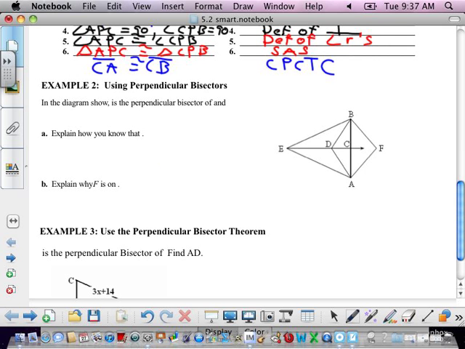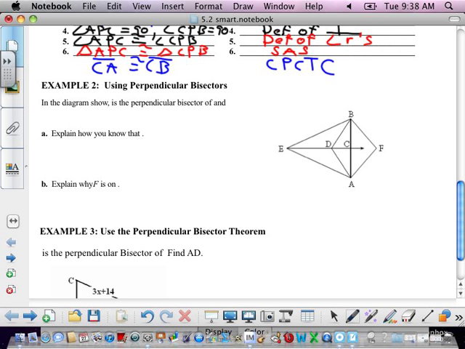Do you guys see on your copy, it should say that they're congruent to each other, not equal. It says under prove that they're equal. Okay. All right. Let's look. In the diagram shown, it's perpendicular. What does it say? I'm sorry, my board's messed up.